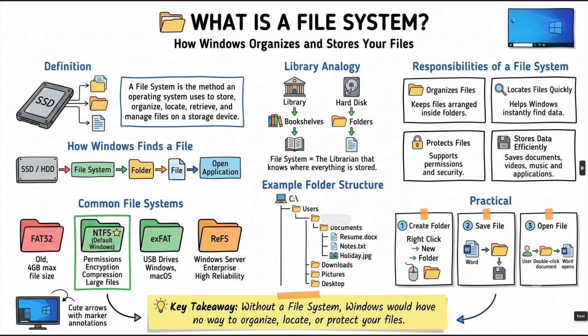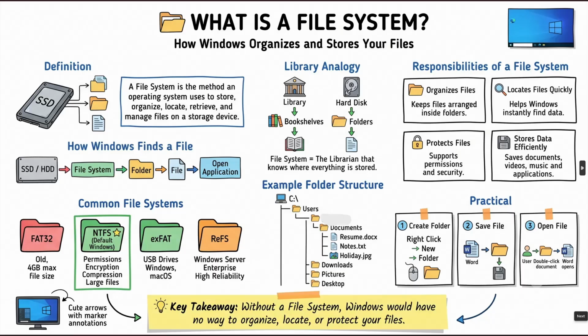So what are the common file systems? As you can see, I have mentioned some of the file systems that are being used by some of the operating systems, Windows and Linux as well.